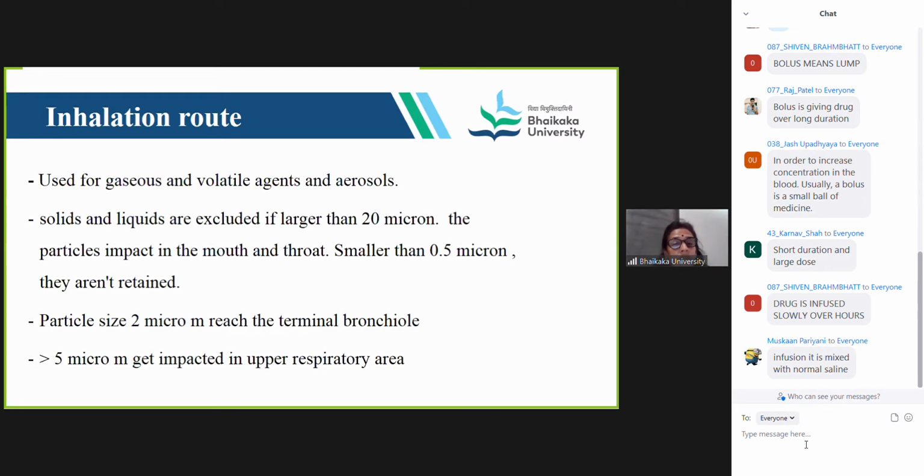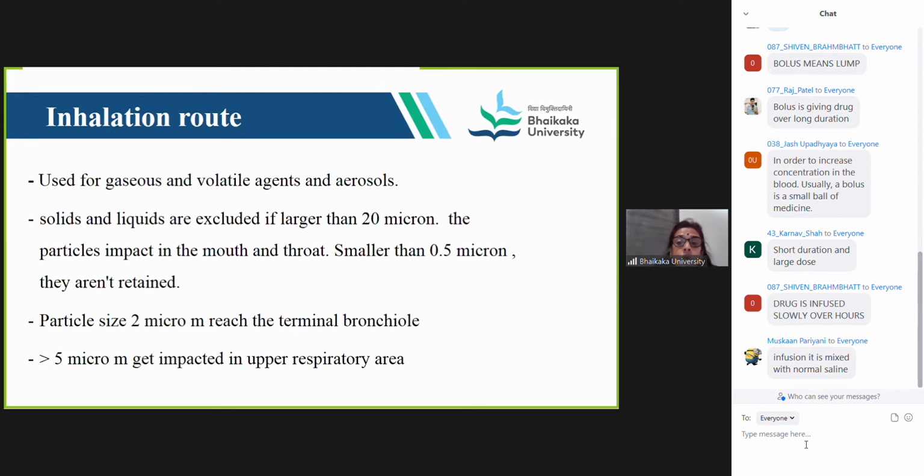When somebody is taking the drug via the inhalational route, the drug has to circulate into the lungs, but it has to pass through the bronchial tree. So solids and liquids are excluded if larger than 20 micron. Drug particles which are more than 20 microns cannot be effective via the inhalational route.